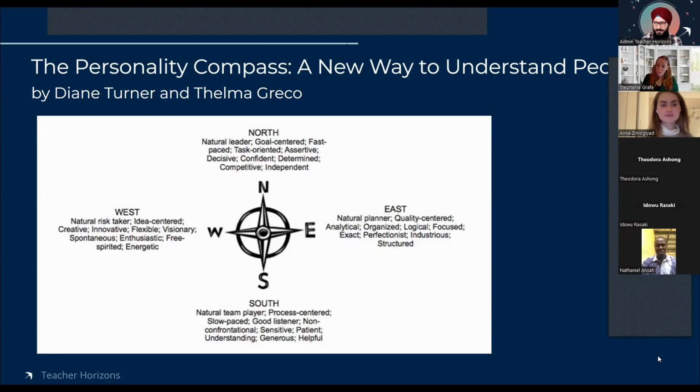If you're a West person, you are someone who loves the nitty-gritty details. You want to know when we're meeting, where we're meeting, what to wear when you're going out with your friends. So you're fine-tuned. You like to know all those little details before you take action or make decisions.